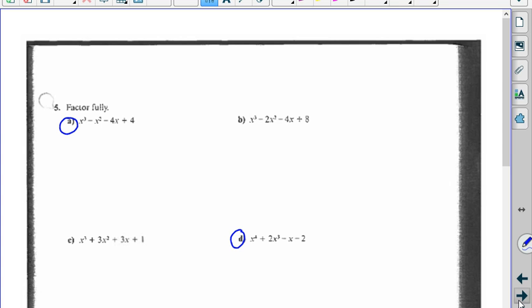This guy here is going to factor this. Up here, factor this. What type of factor?